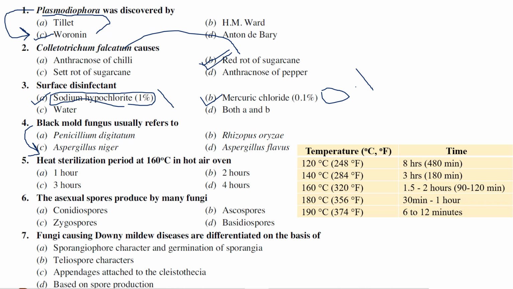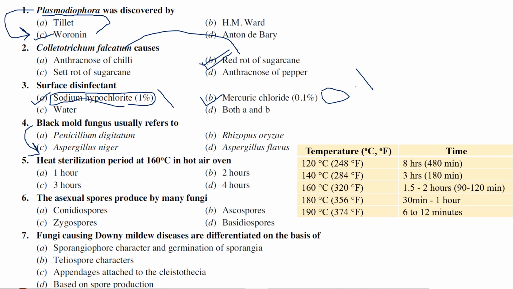But in general, Aspergillus niger is considered the black mold fungus. And regarding the various kinds of molds in Aspergillus and Penicillium, in the previous videos we have published a very detailed structure about these various kinds of molds.